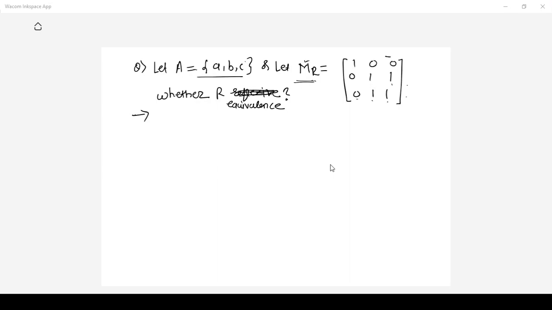You may get a question where, instead of matrix form, they represent the relation in graphical form like this: element A, then element B, then element C. They may give the relation like A is related to A, B is related to B, C is related to C, then B is related to C, and C is related to B.